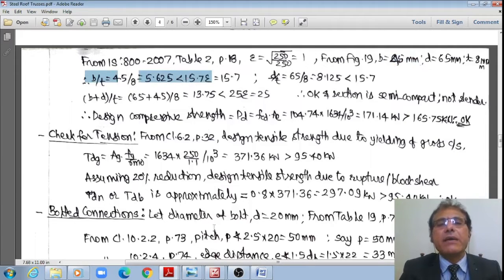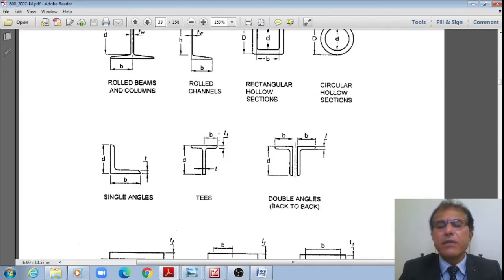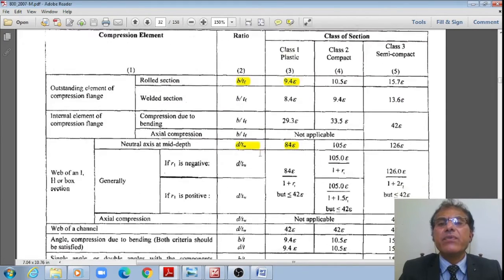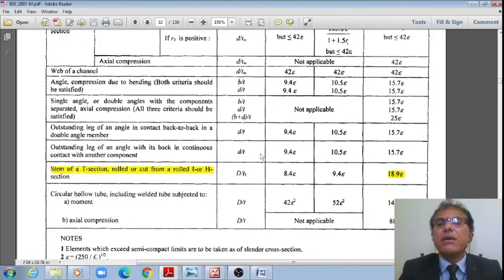It should be less than, as per this table. Just now I've shown that table. Let me go back to this table. It should be less than 15.7, right? Now we can see. Therefore the outstanding leg of an angle, when it is with its back in continuous contact with the other components, or even otherwise you can say outstanding leg of an angle in contact back to back in a double angle member.